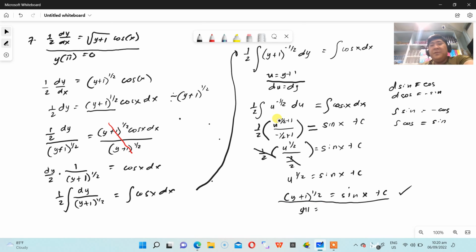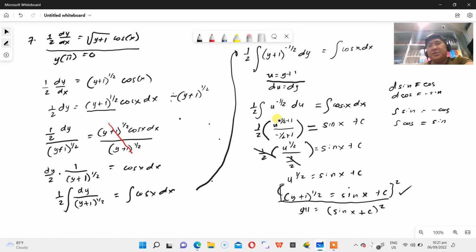It is fine like that, but you can also do it this way. Since the exponent is 1/2, you could have sine x plus c raised to the power of 2 on both sides.